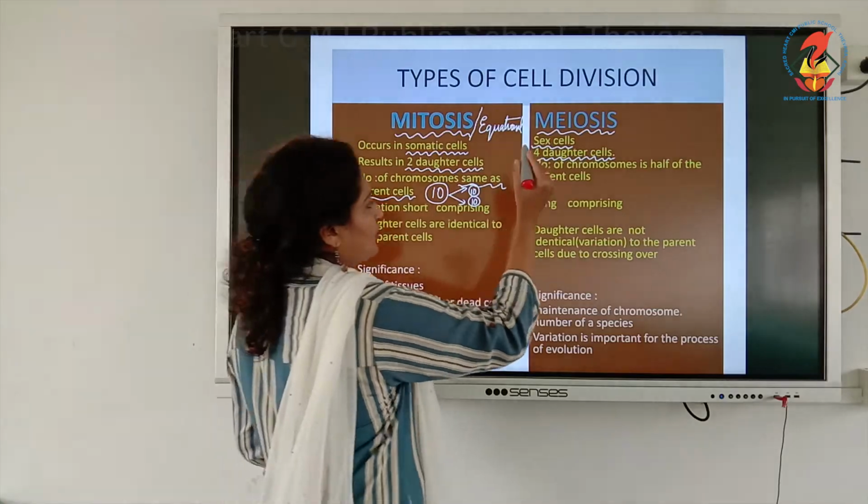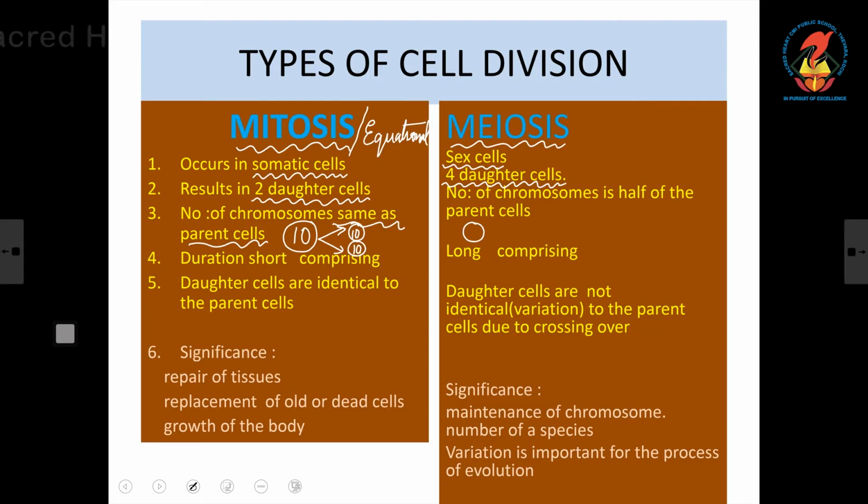Now coming to meiosis, if this is the parent cell, the end product, we get 4 daughter cells. That was told in the second point. Now same here, I am going with 10 chromosomes. What will be the number of chromosomes in the daughter cell? Just half.